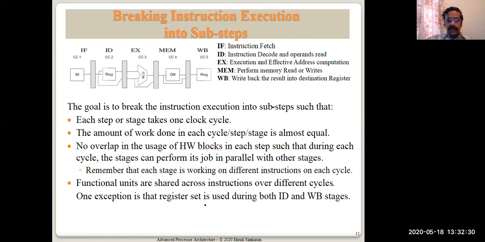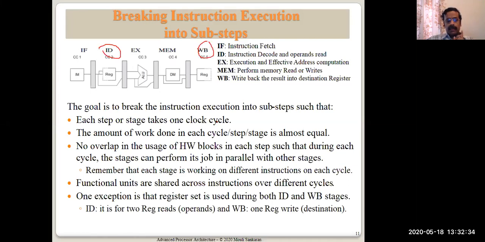One exception is that the register set is used in both the ID stage and the write back stage. What do we do in ID and write back? Let me explain a little bit. In ID, you remember, it is for operand read. We may read two operands, which are required for the ALU to perform the operation.